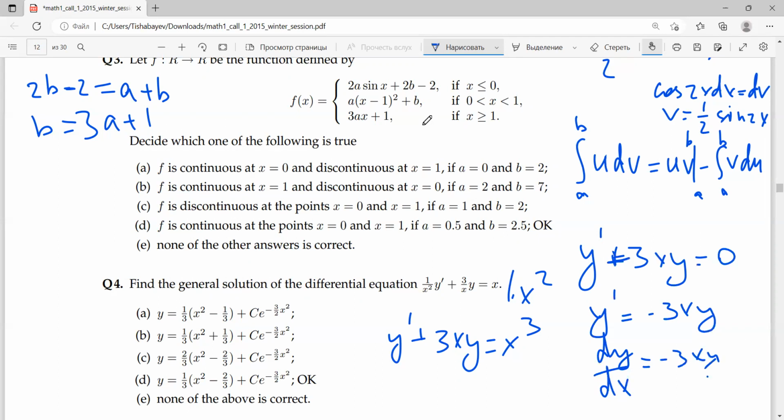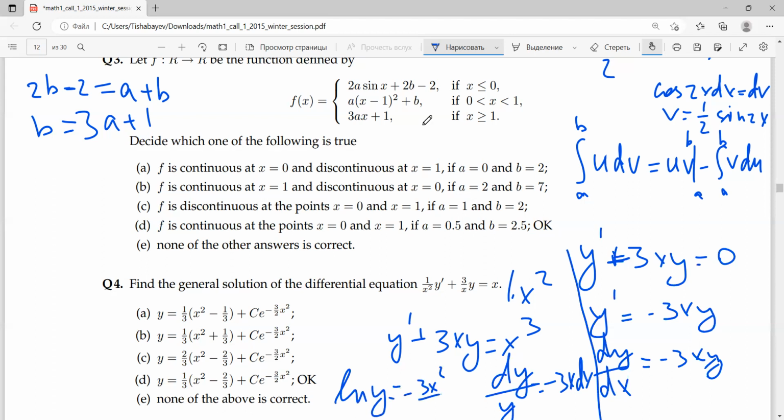It is a separable variables equation, so dy divided by y equals minus 3x dx. Then we have the natural logarithm of y equals minus 3x squared divided by 2 plus a constant.